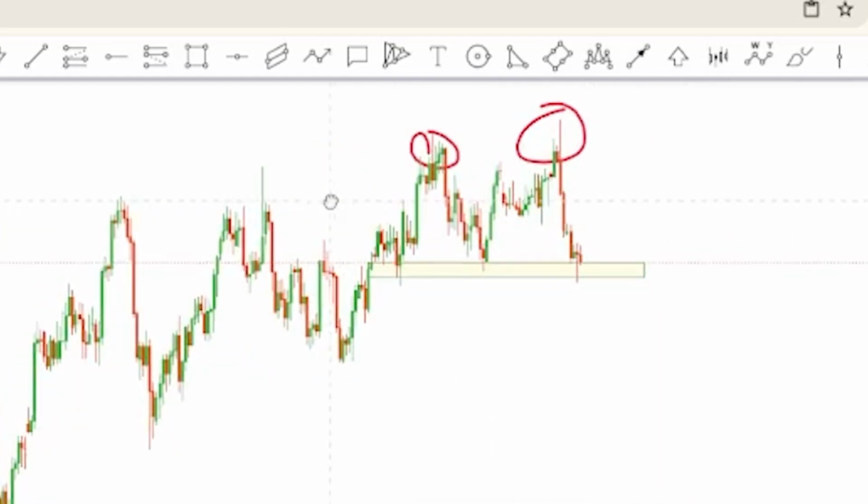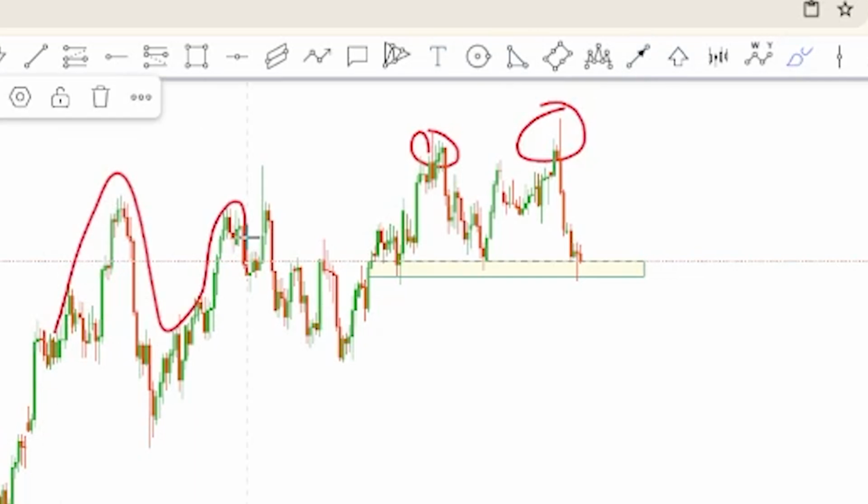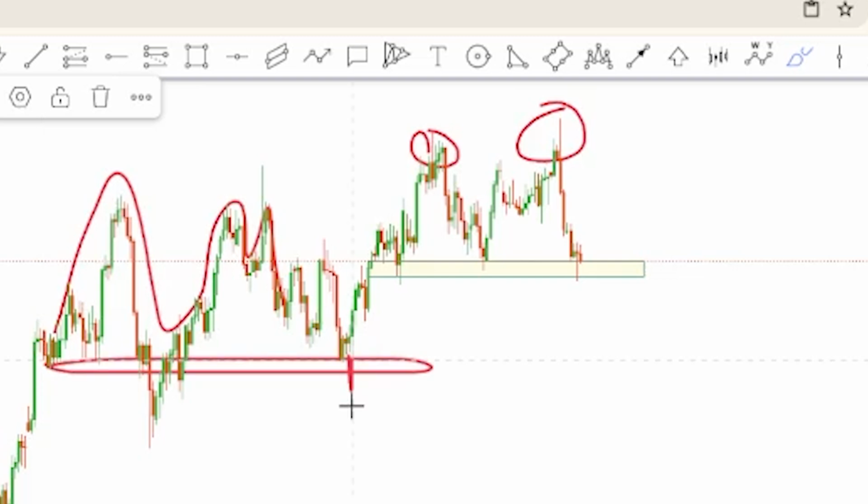Before that, we got some kind of double tops, which is also like a triple, but we didn't get our lower low by breaking the previous lows and confirming that we are going to the downside by making lower low and lower high. So that's why you have to focus on these two tops.